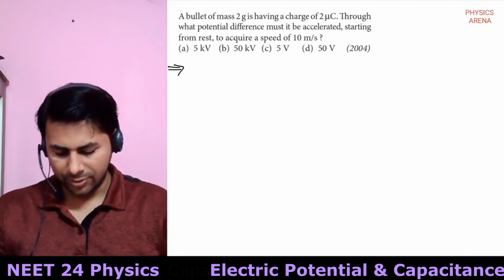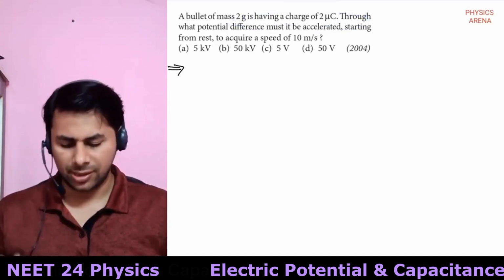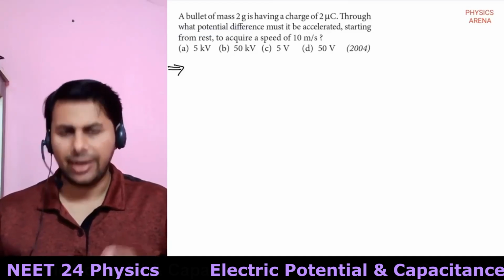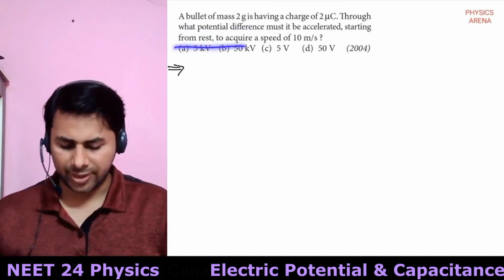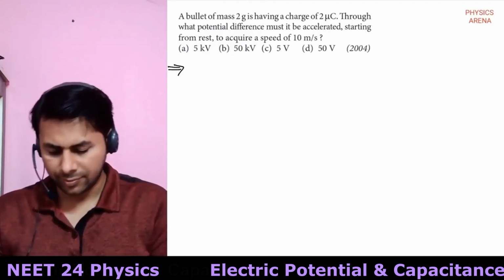A bullet of mass 2 gram having charge 2 microcoulomb. It has got some charge. By what potential difference must it be accelerated starting from rest to acquire a speed of 10 meters per second?